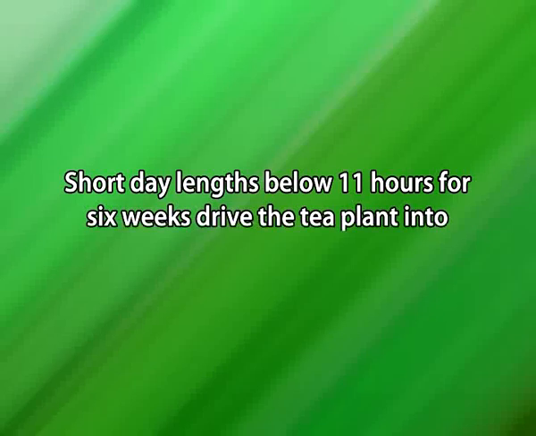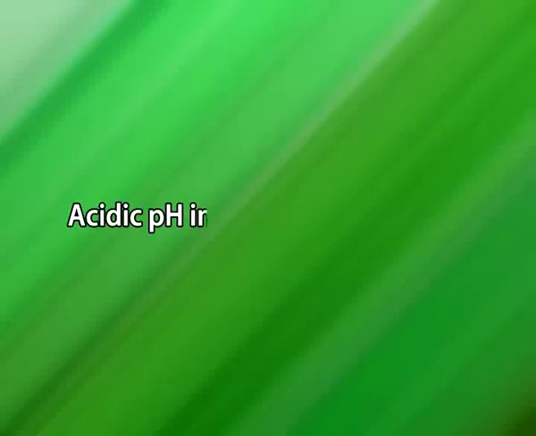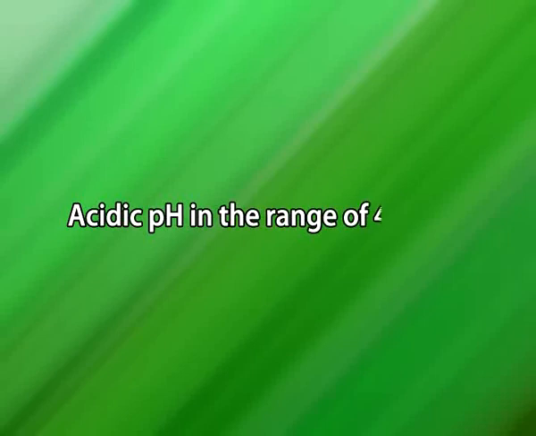Short day lengths below 11 hours for 6 weeks drive the tea plant into dormancy. Tea grows nicely on a highland, well-drained soil with an acidic pH in the range of 4.5 to 5.5 and an organic matter content of more than 2%.